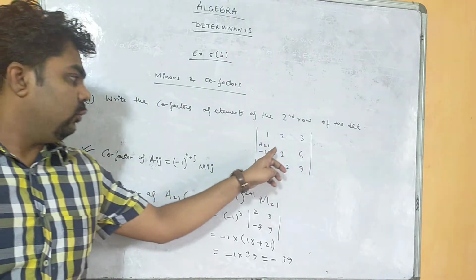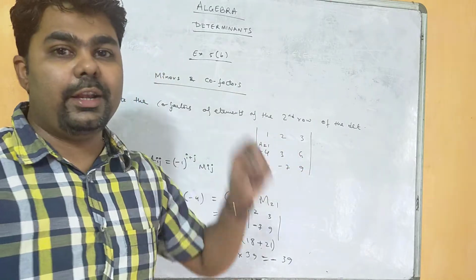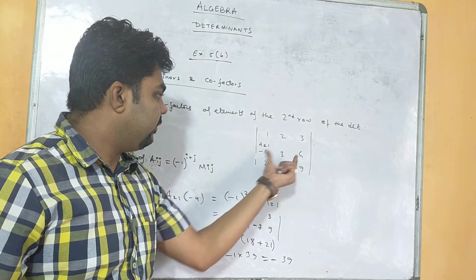So make sure you don't make a mistake like this. We have to hide the corresponding row and corresponding column. We are finding for minus 4, so we hide this and this, right?